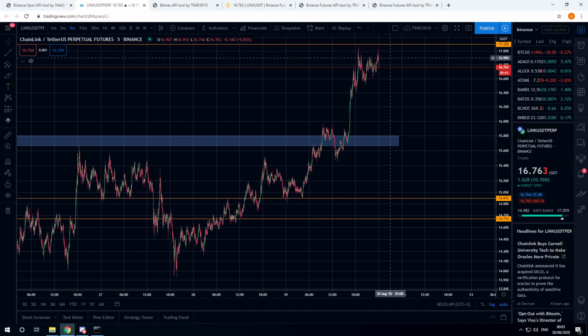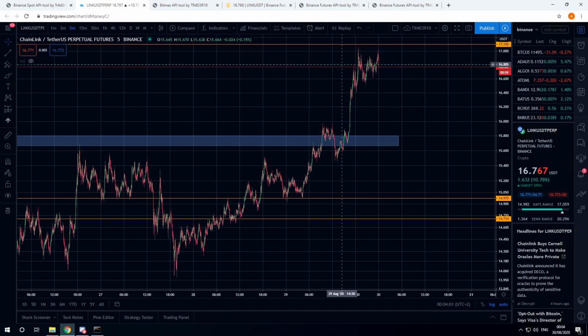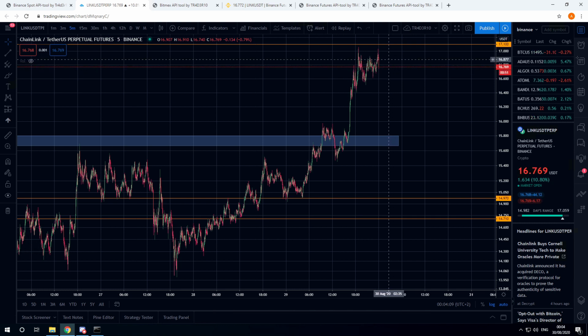Okay, what did we actually do here? We did a failure to gain, maybe. At least we didn't make a new high. So I don't want to close below here now for longs. If they do, it's quite likely they will just go down, do another attempt and fail and go lower.